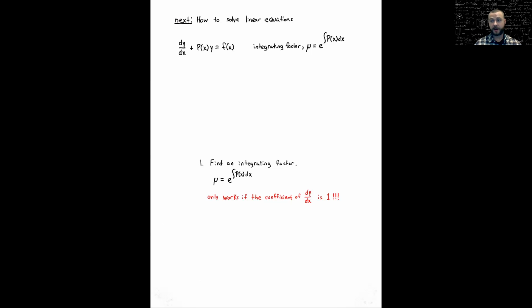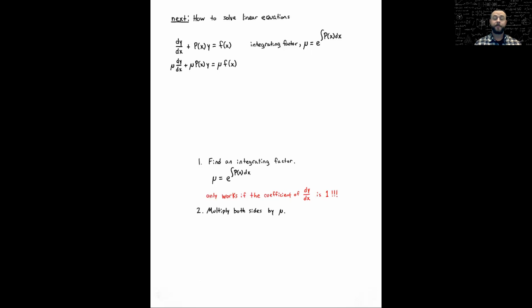So notice up there in the upper left corner, standard form, what's multiplying your derivative term? 1. If there's anything else multiplying your derivative, divide the whole equation by it, to correctly put your equation in standard form. All right, so step one, find an integrating factor.